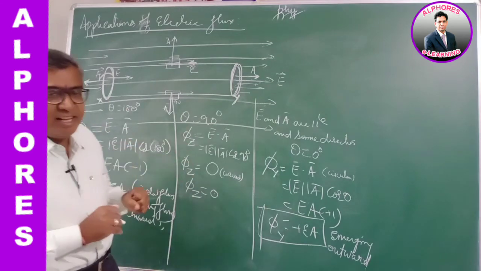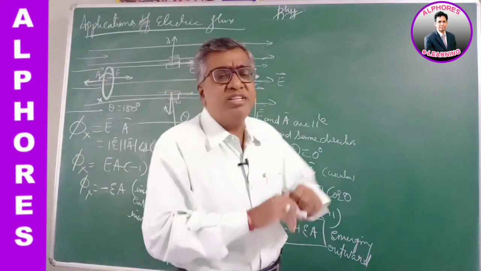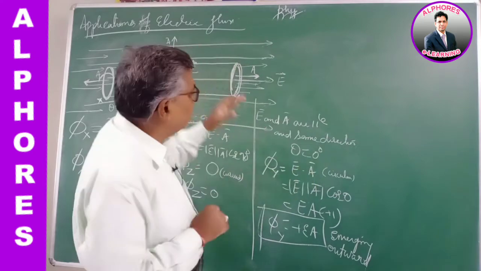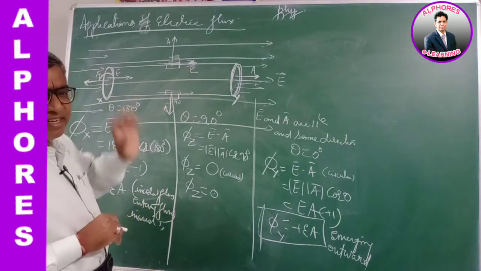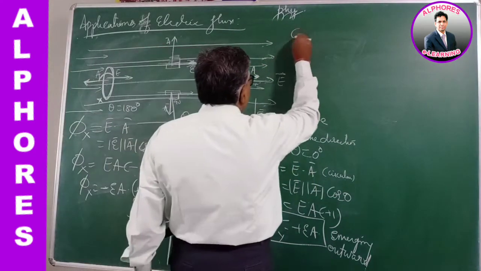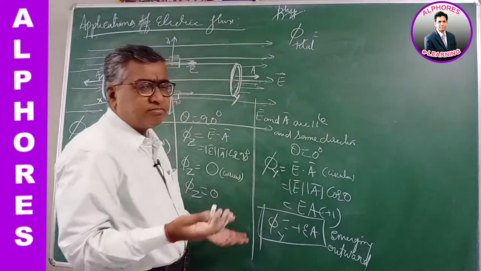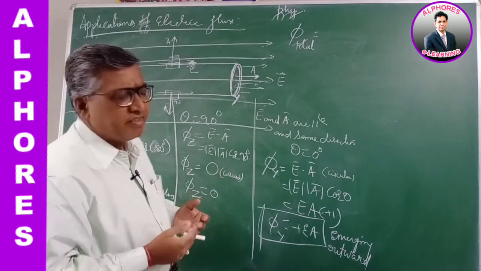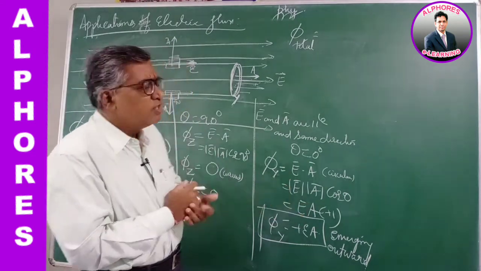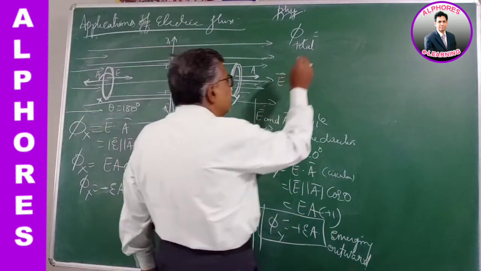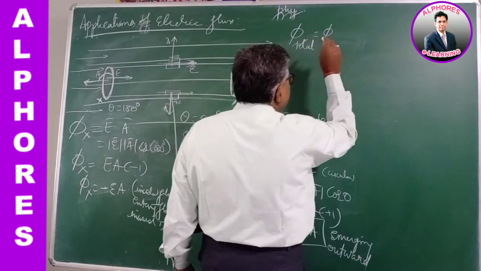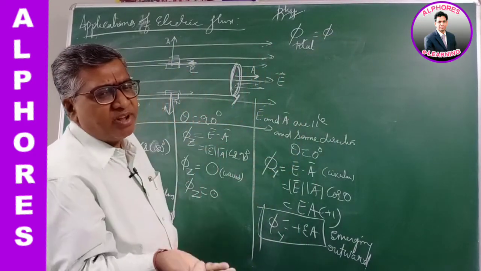Now the question he will be asking you is to find the total flux through that cylinder, the net flux through the cylinder. What is the total flux through the cylinder? Flux is a scalar, we can just add algebraically. So the total flux through any surface is the algebraic sum of all the individual flux.